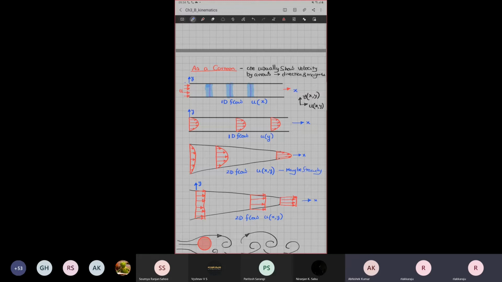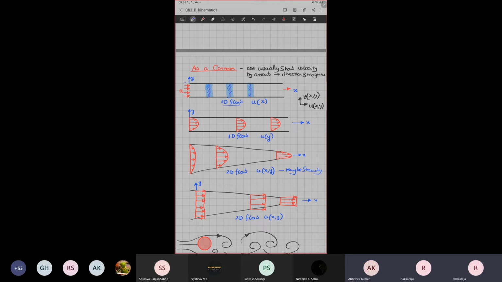Maybe fluid saturates at one location, again at some other location, again at some other location, something like isolated patches you are seeing. It doesn't depend on the y direction, but only on the x direction. Such kinds of flow configurations, we usually call one-dimensional flows.